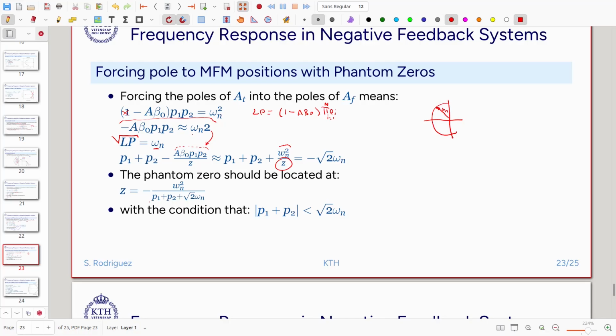The phantom zero should be located in this position, with this equation. And the only condition is that it has to be negative. As we showed before, the position of the phantom zero should be negative to be effective. And for that to be true, we have to make sure that this is more negative than this part.